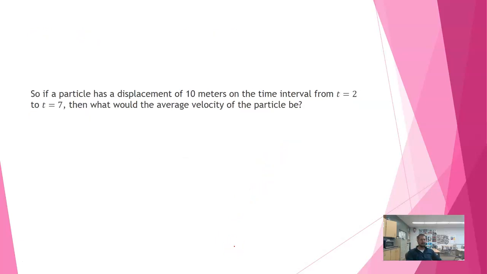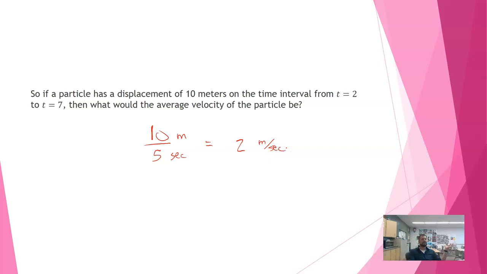So if I saw a problem where a particle has displacement, found by taking the ending position and subtracting the beginning position, that is 10, in meters as it says in the problem, from time equals 2 seconds to time equals 7 seconds, hopefully you can see that 5 seconds has elapsed. So if I wanted to know the average velocity, it's kind of like what you used to do in velocity problems.